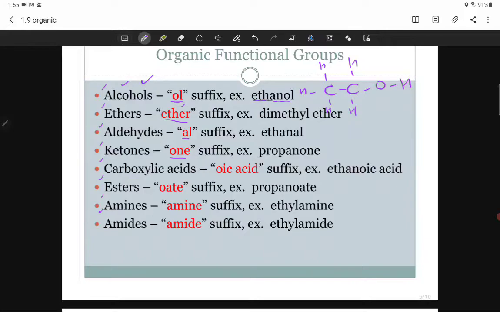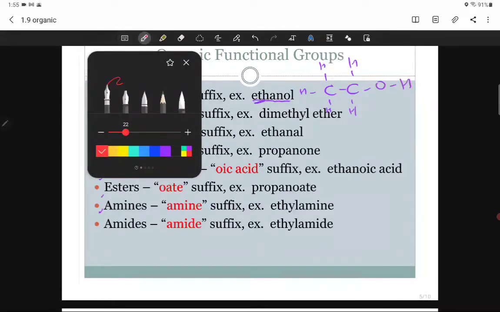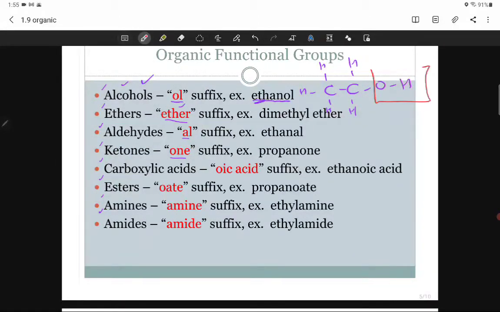So it still has 2 carbons, so it's still eth. But because it ends in OH instead of hydrogen, by the way, I have it end here. This OH could be in any of these other spots. And if you take organic chemistry, you'll have a specific naming that could happen depending on its spot.